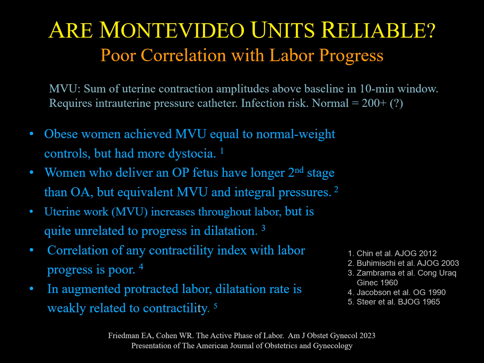The common causal pathway underlying many dysfunctional labor patterns probably involves impairment of normal uterine contractility. With this in mind, some approaches to the identification and treatment of abnormal labor depend on continuous measurement of uterine contractility via an intrauterine pressure transducer.